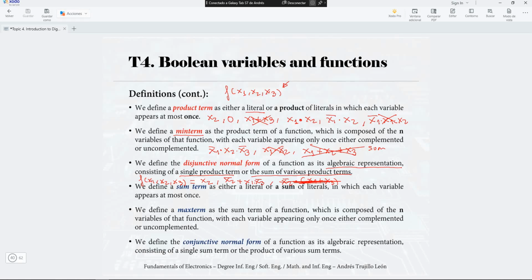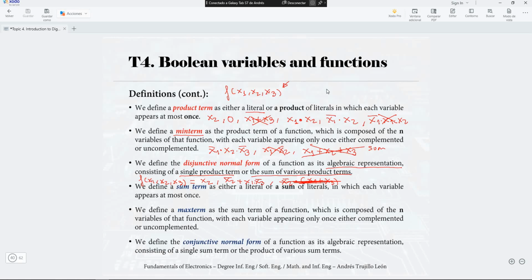At this point, you can see that I have used red for products and blue for sums. We are going to have here the dual definitions of the product terms, that are the sum terms. They are the same, but with the dual of the product, that is the sum.